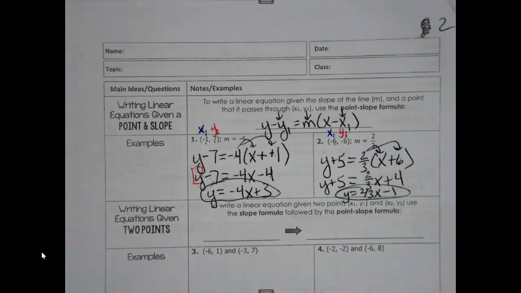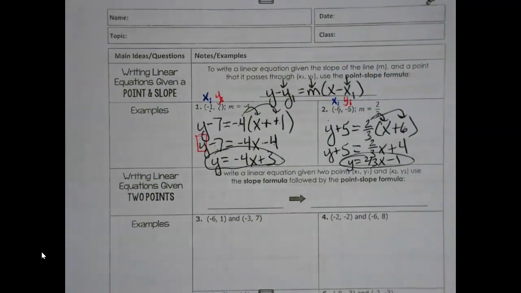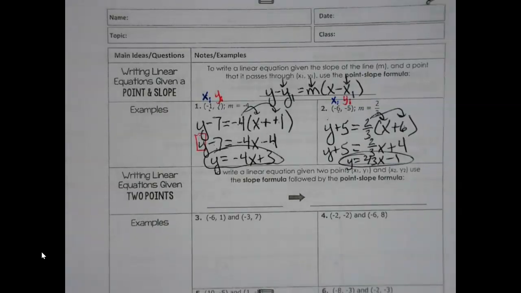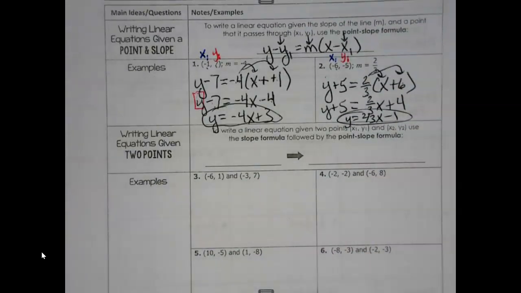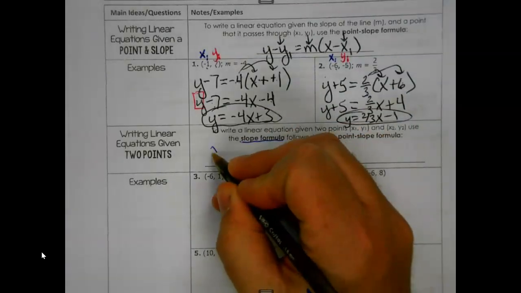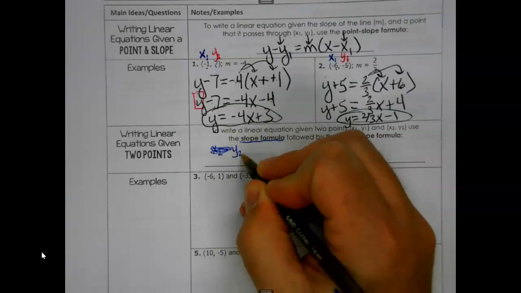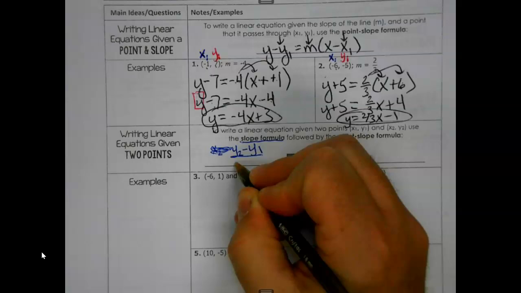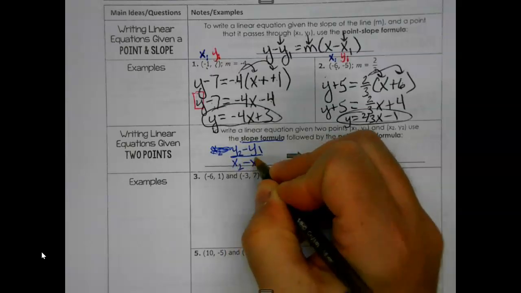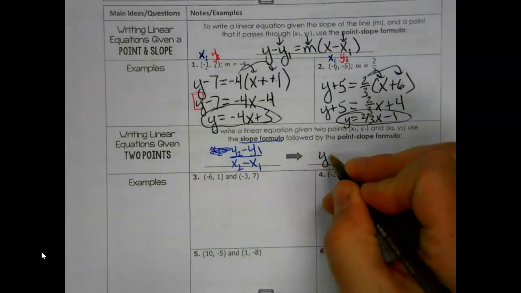Good to go. Okay, so now, oh boy, 2 points. These are the longest ones. So to do these, we've got to do 2 steps. First, we've got to do the slope formula, which, oh, I almost mixed them up. Holy moly. Subtract your y's over subtract your x's, and then roll that into point slope.